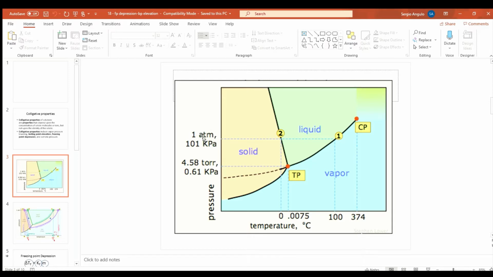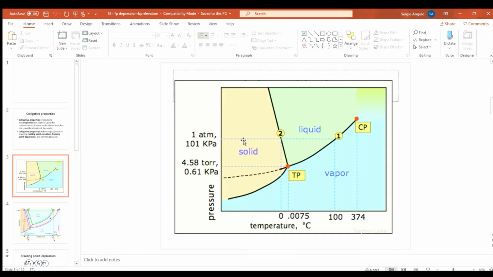So at 1 atmosphere, if you follow the line across until it hits the line that shows the equilibrium between solids and liquids, in other words, where freezing occurs, and then you read it down, that will give you the temperature, the freezing point of the substance.